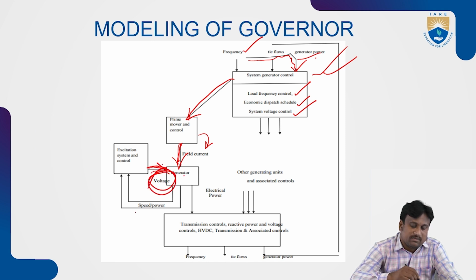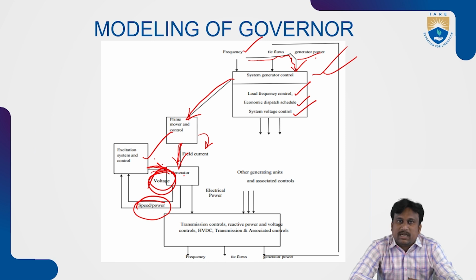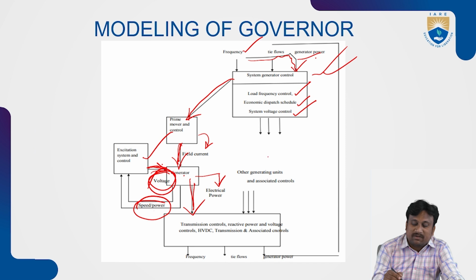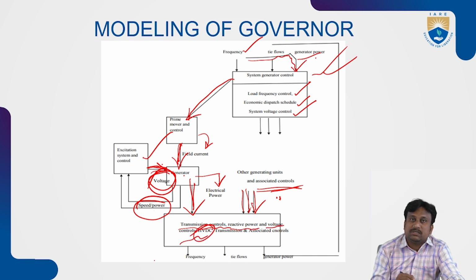Here we will generate the voltage. This speed or power can be controlled by the excitation system. The excitation can monitor the system voltage suitably, and the generator will produce electrical power, and some of the other generating units are associated to control the given line. All these control blocks are connected to the transmission controls, reactive power and voltage controls, HVDC transmission systems, and associated controls.